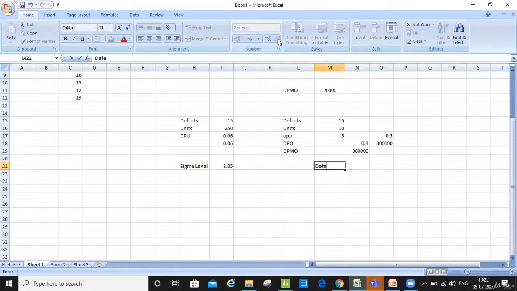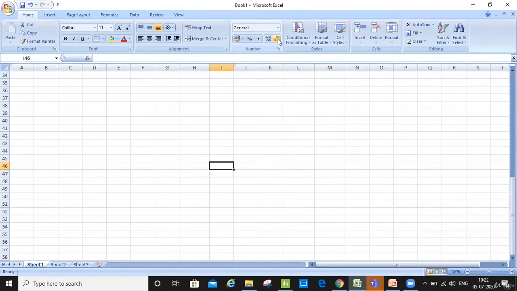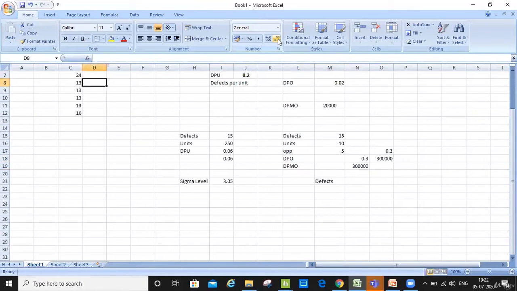The defects are 15 and total opportunities 50. You can refer to this formula and calculate the sigma level. Is it 2.02? Let's see what others say also. Yeah, 2.02.